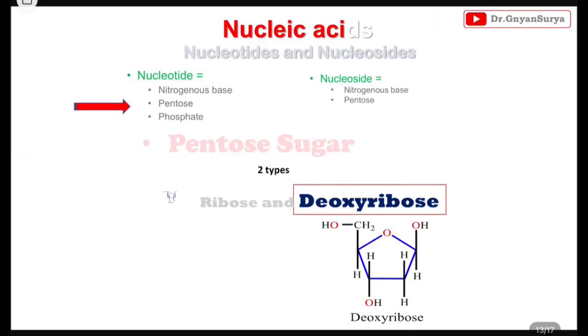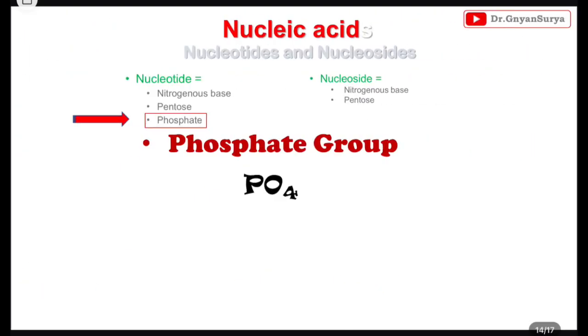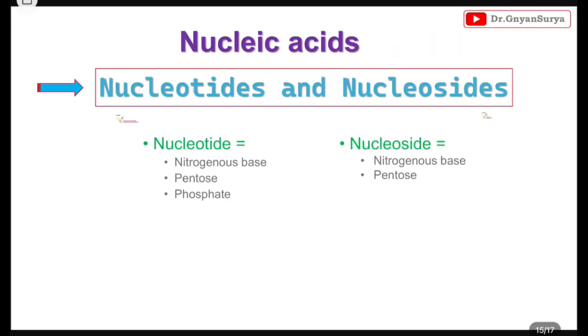And deoxyribose sugar is also composed of a 5-membered ring with oxygen, but one change, that is at the second place there is no oxygen. Deoxy means removal of oxygen from the ribose sugar. Ribose sugar contains oxygen at the second place, but in deoxyribose sugar there is no oxygen at the second place. And the third component of the nucleotide is the phosphate group, which is responsible for the phosphodiester linkage, right?